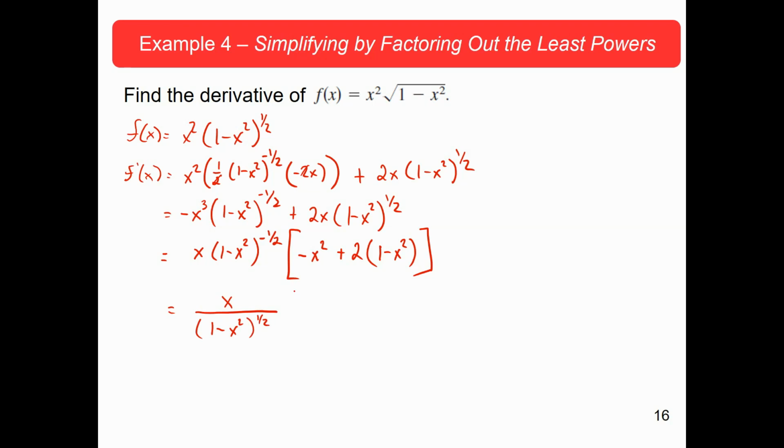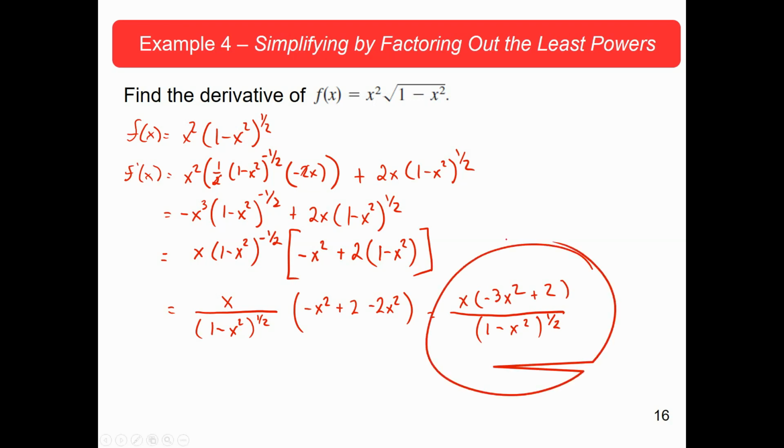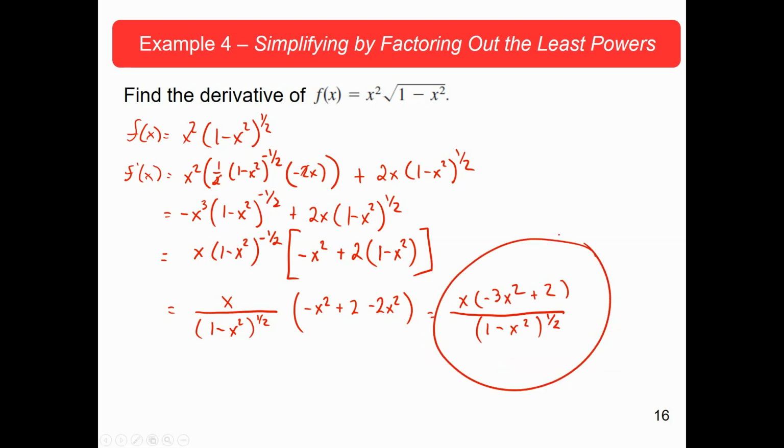And then on this one times negative x squared plus 2 minus 2x squared. So I can go ahead and write it as x times negative 3x squared, right? Negative x squared and negative 2x squared is negative 3x squared plus 2 all over 1 minus x squared to the 1/2. And there's your final answer. Looked like Pac-Man there for a second.